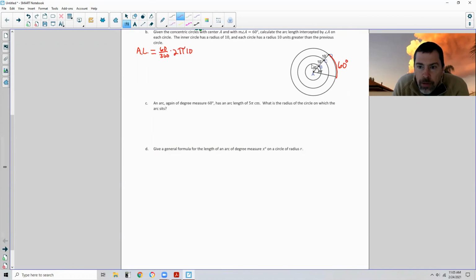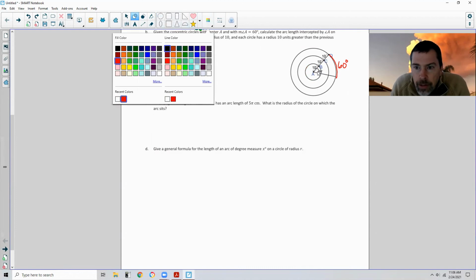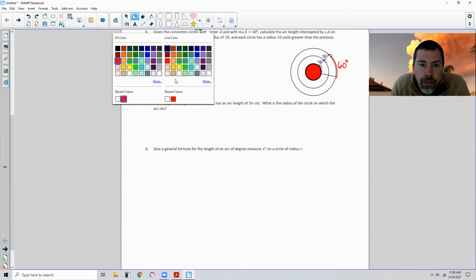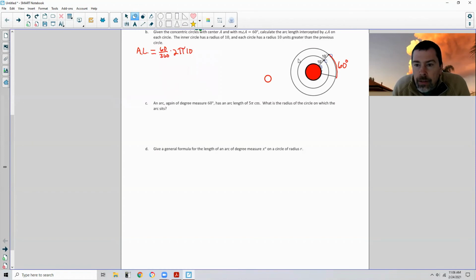That would be this red circle here. I will color code these circles as I go. Let's change that to line color red and no fill.